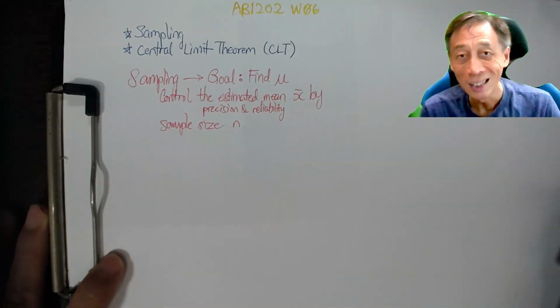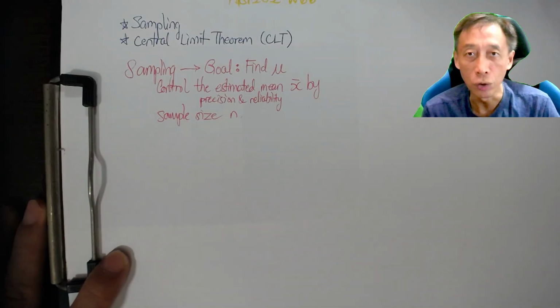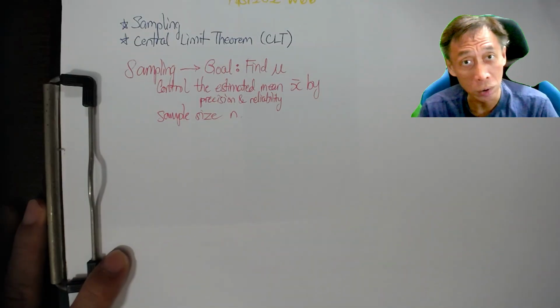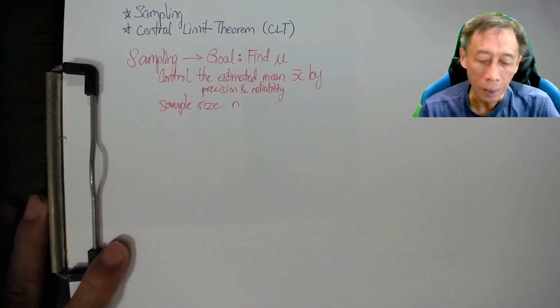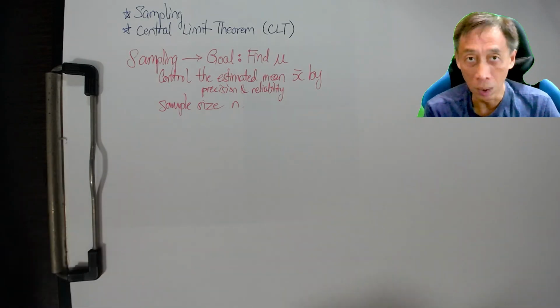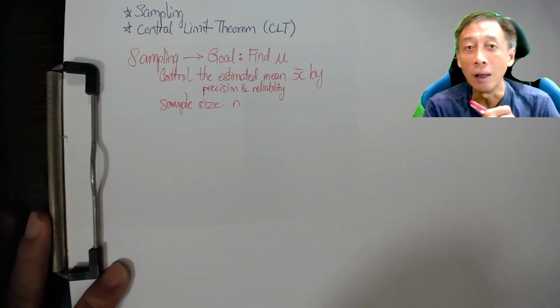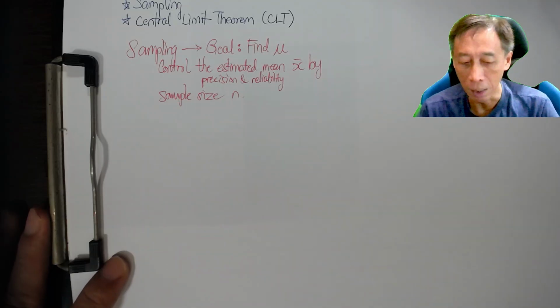That's our lever, our control knob to tune, to have higher precision but higher cost in time, money, budget, manpower, technology, or smaller n. Smaller n means lower financial commitment, manpower, and technology requirements, but then of course precision and reliability also go down.